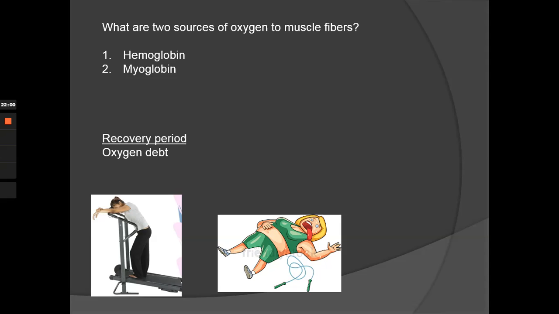All right. On to another concept that we call recovery period. And an older phrase for this is oxygen debt. So way back when, we used to say we're paying our oxygen debt. Now, what I want you to imagine is that we're exercising on the treadmill.